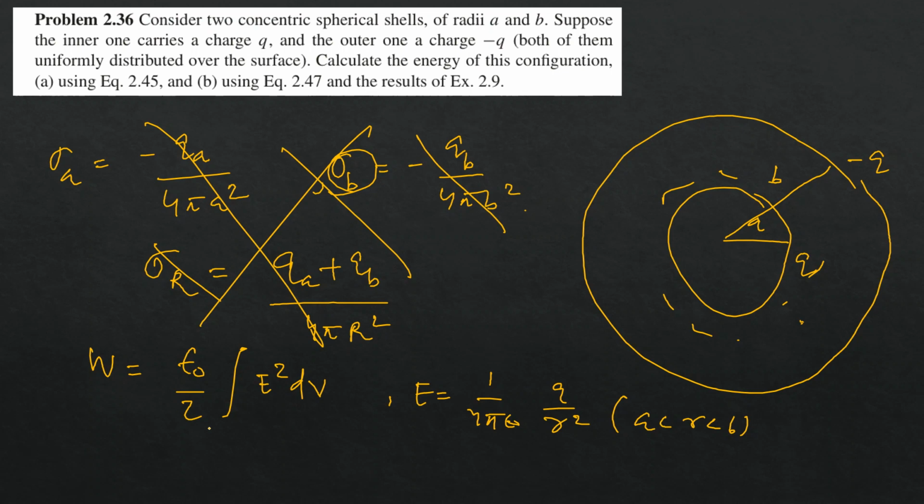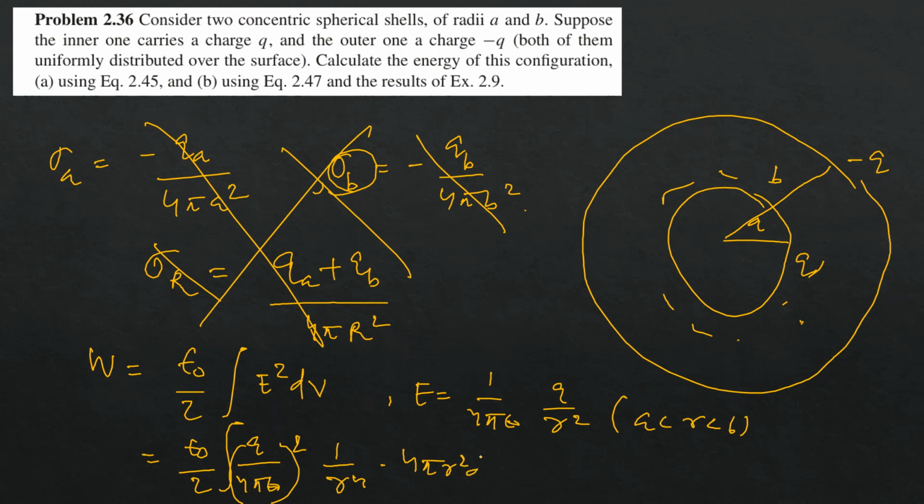So I'll just put it here. Epsilon by 2, q by 4 pi epsilon naught whole square, 1 by r fourth into dV.